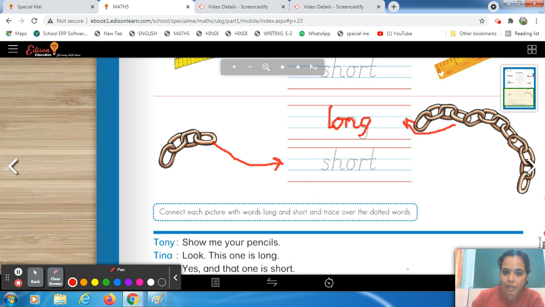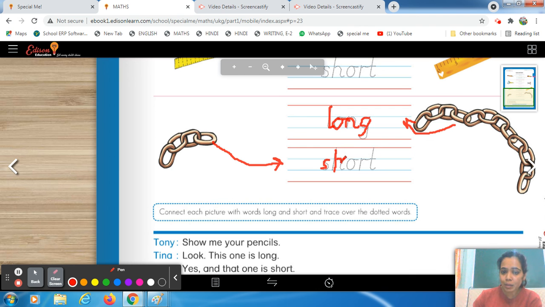The next one is short, S, H. Try to write formation correctly, students. You know that my pencil is not flexible as per your pencil.